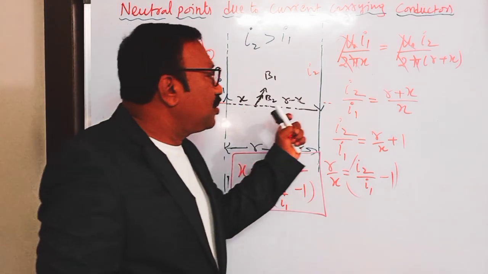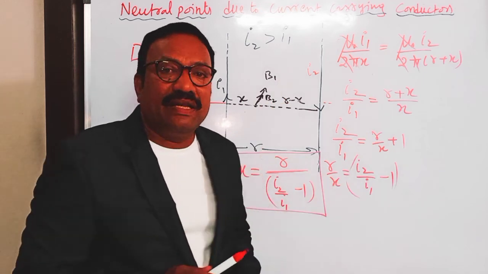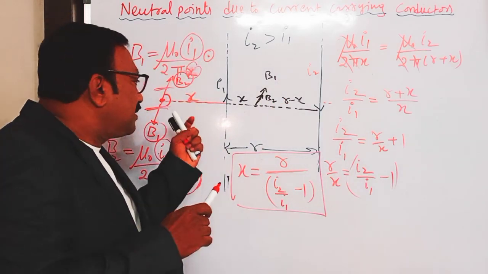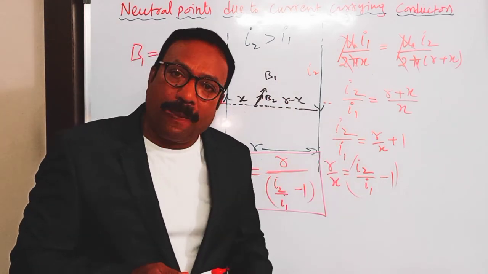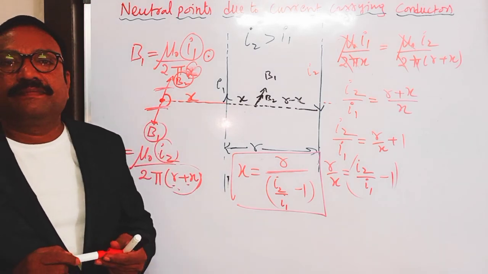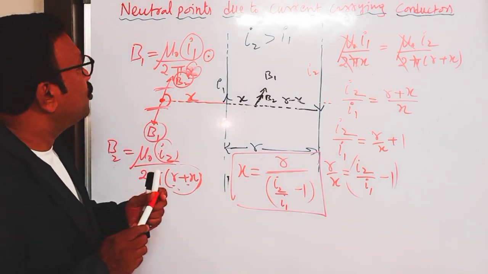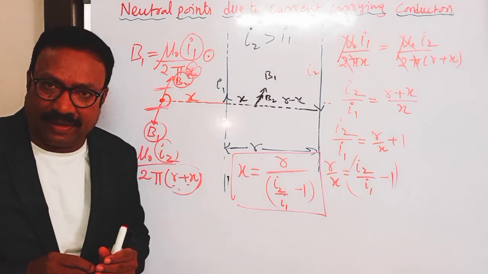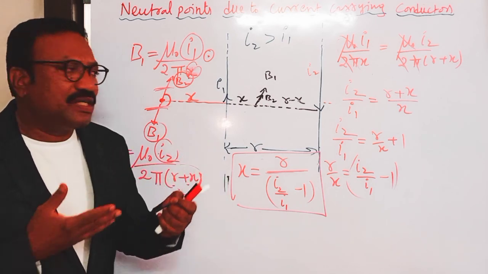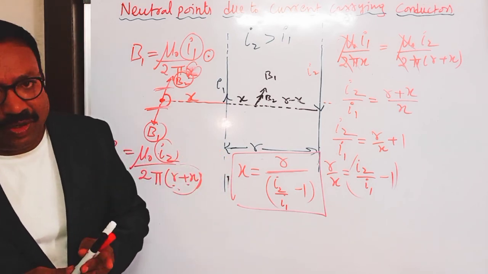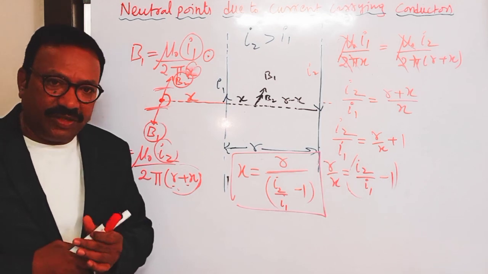In the other two regions, the resultant field can never be 0. This is the case when currents are in opposite directions. So this is about the neutral points due to current carrying conductors. At the same time, you have also learned how to find a resultant field. Thank you very much.